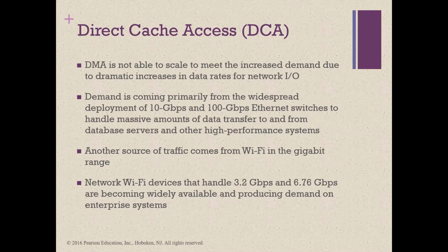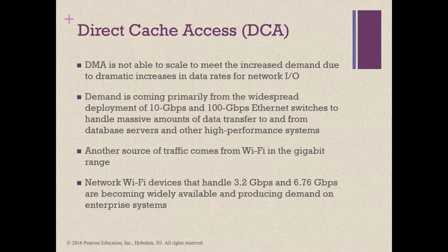This demand is coming primarily from the widespread deployment of 10 gigabits per second and 100 gigabits per second Ethernet switches to handle massive amounts of data transfer to and from database servers and other high performance systems. A secondary but increasingly important source of traffic also comes from Wi-Fi in the gigabit range.